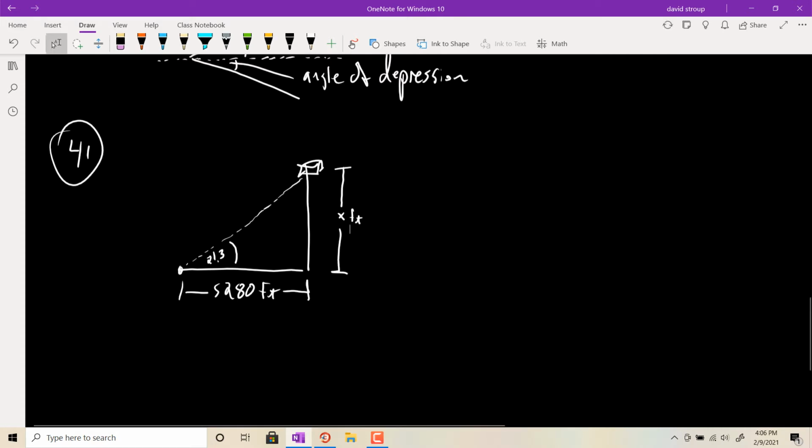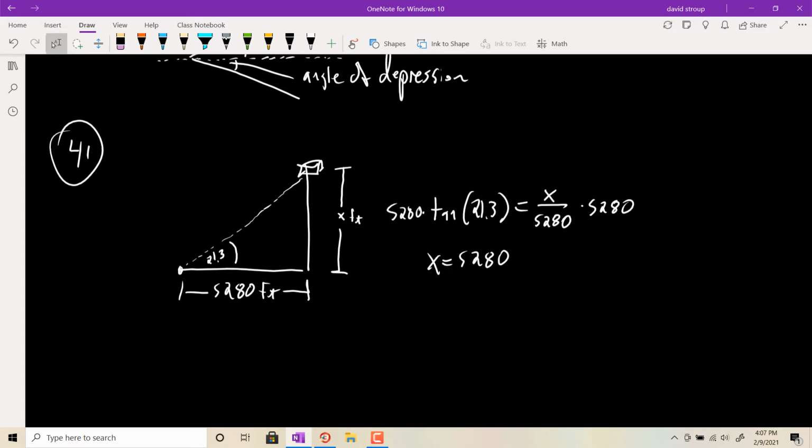Again, that seems like I can pull off a tangent. So I just noticed the tangent of 21.3 degrees is equal to opposite over adjacent. Multiply both sides by the adjacent side, and you should have your answer, right? So x is equal to 5280 tangent of 21.3.